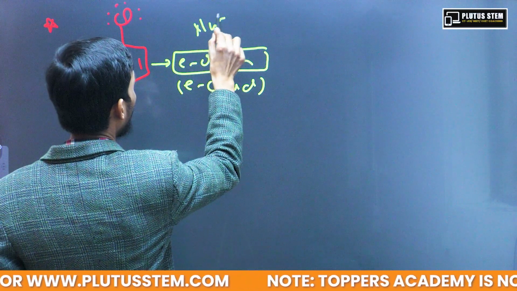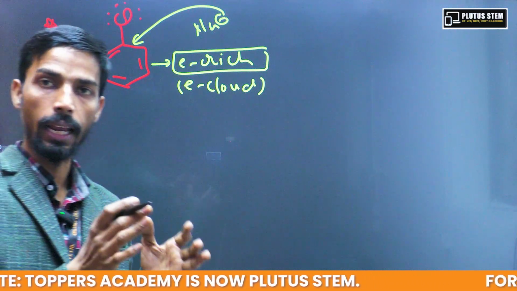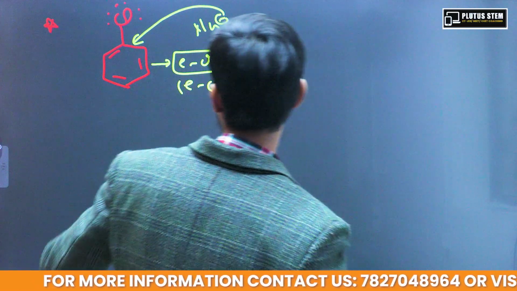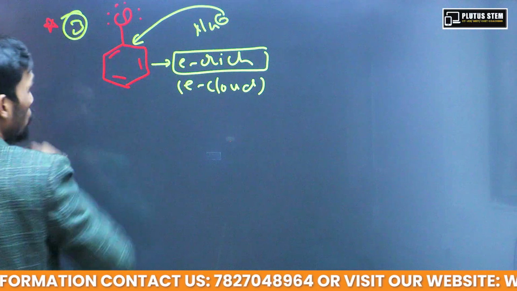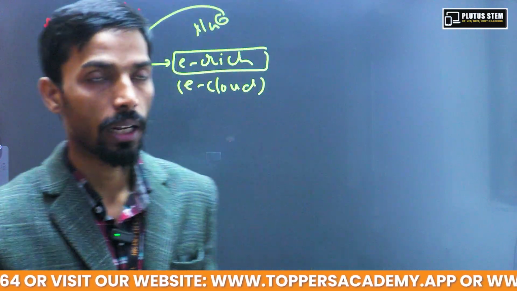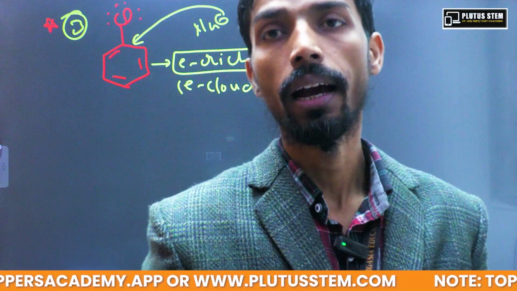That's why it will repel the nucleophile from coming near the benzene ring. So this is also a reason. This is the third reason why nucleophilic substitution reactions are not that feasible in aryl halides as compared to alkyl halides.